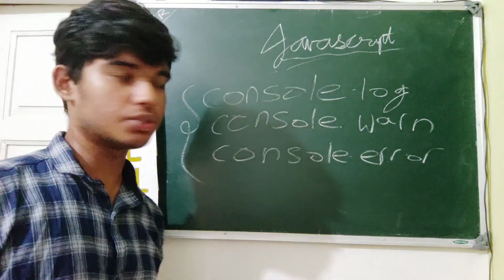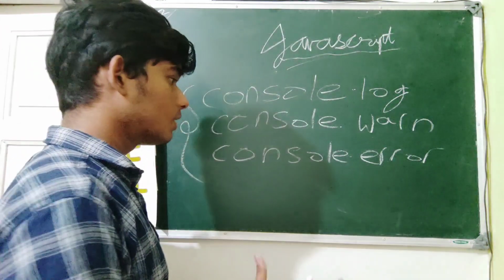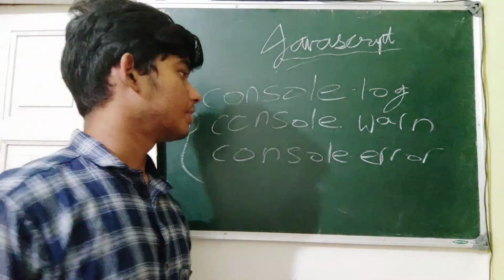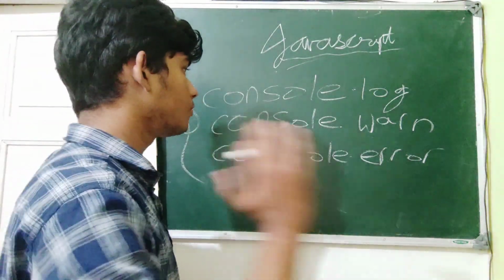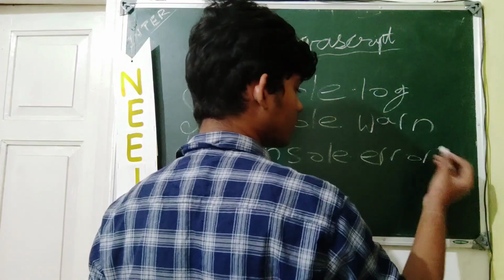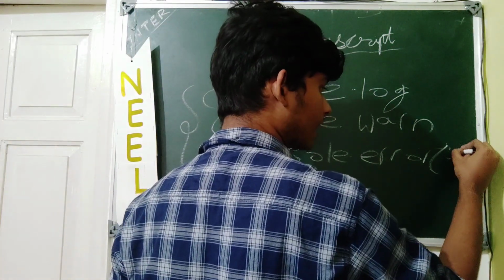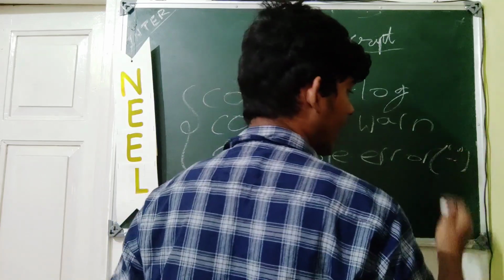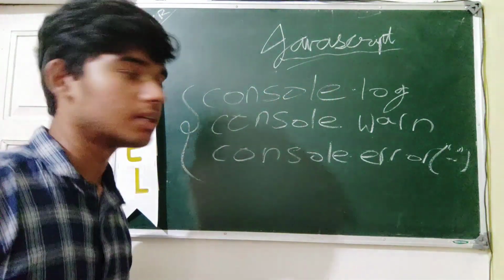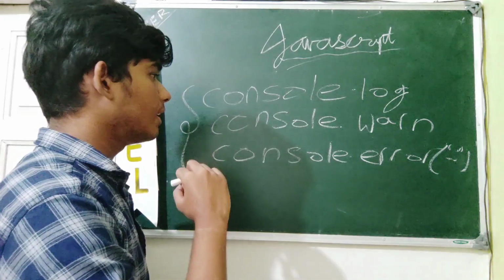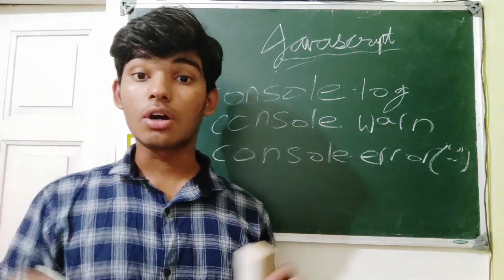So for example, let us assume that you want to write an error somewhere which you'll probably forget in the future. What you can do is console.log or console.error. You can write some error and close it in brackets. Doing this will show an error in the console, not on the website.